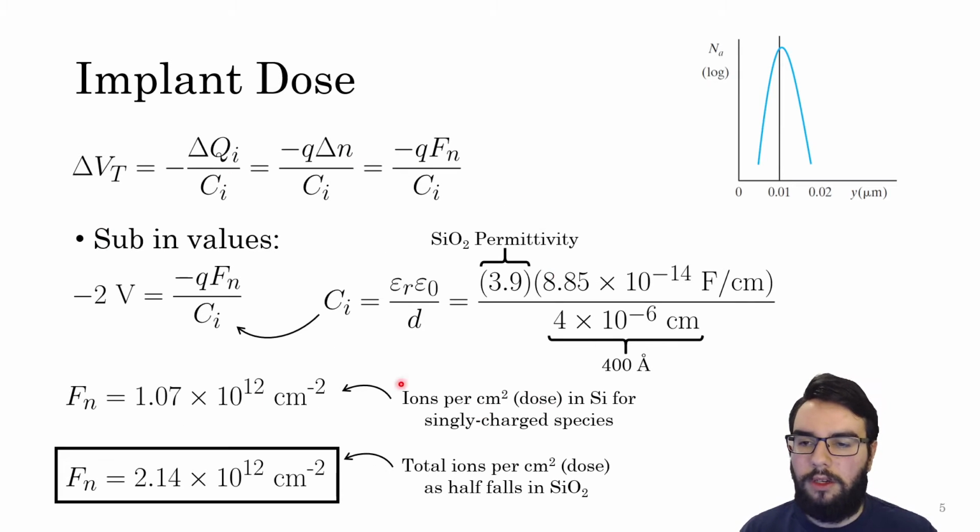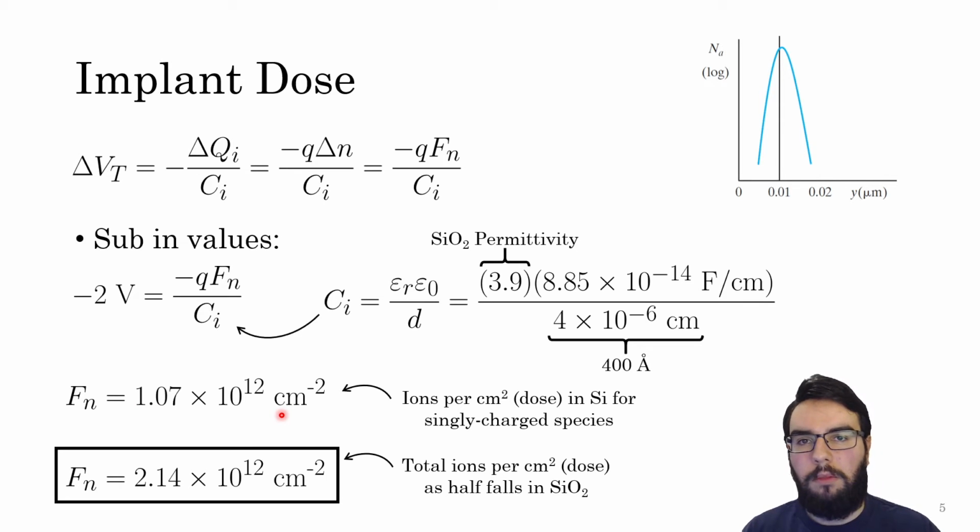So we can go and actually sub in all the values that we know, and we can find an implant dose of 1.07 times 10 to the 12 ions per centimeter squared.